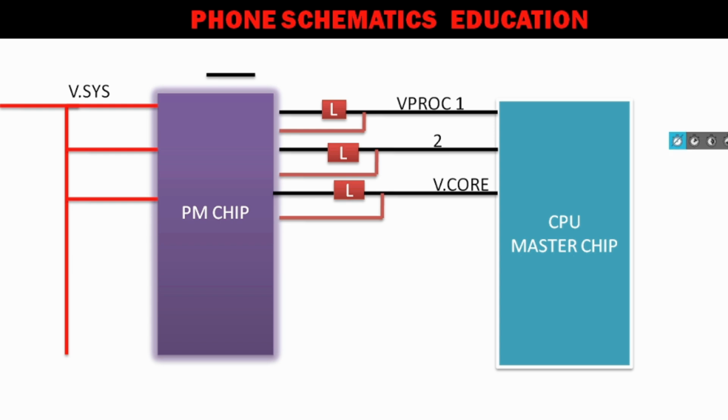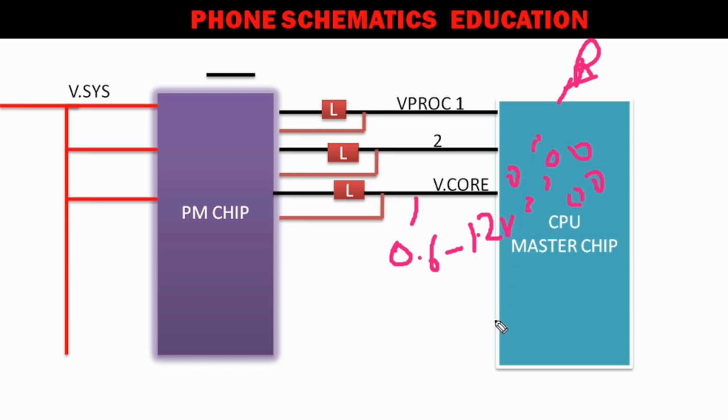Now this CPU line is connected to multiple balls. If any ball does not connect, or loses connectivity, or is open, your CPU does not boot. In that case, you reball the CPU. In this line, you will get 0.6 to 1.2 volt. Clear?